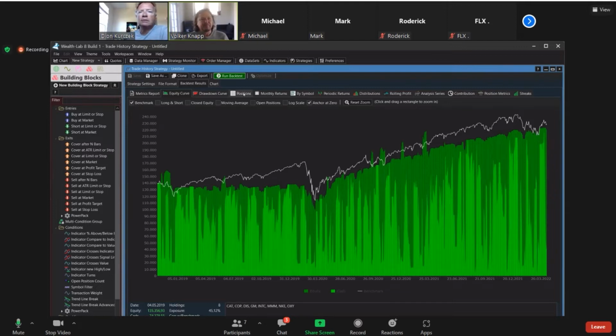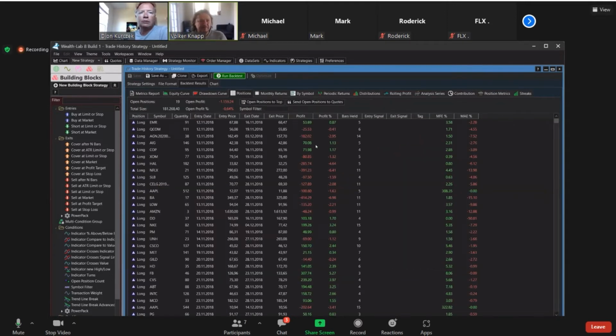So this is interesting. We took a list of trades that were exported into a file, and then we brought them into Wealth Lab using this trade history strategy, and we're able to analyze the results just like any other Wealth Lab backtest, using all of the tabs, all of the visualizers.